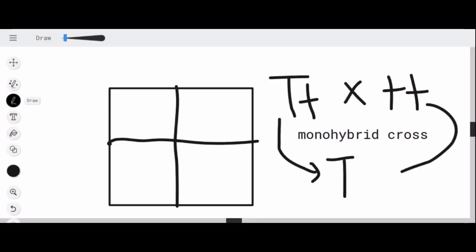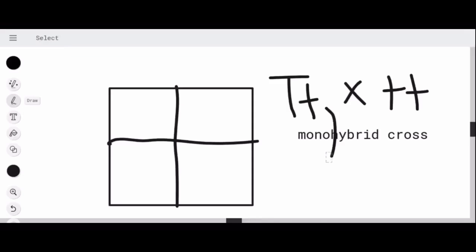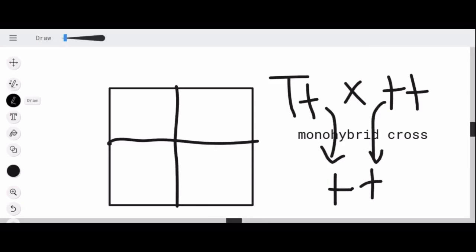But what if they passed the other trait down? What if both parents pass down a recessive trait? Then the child would have straight hair. But you have to figure out exactly how many times you can cross them.